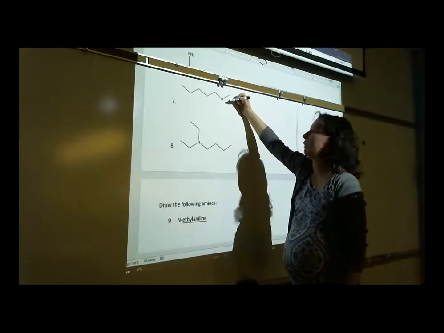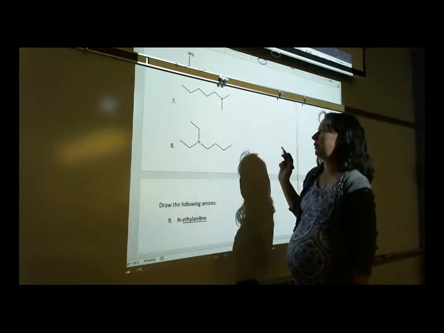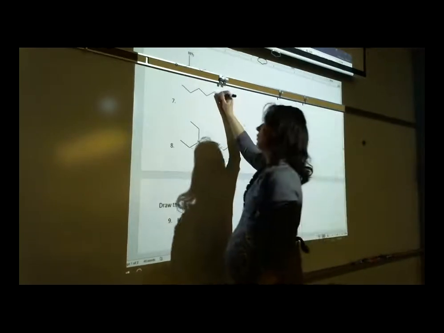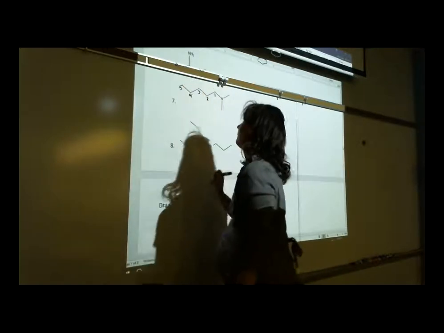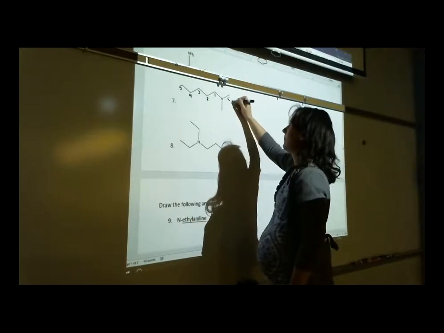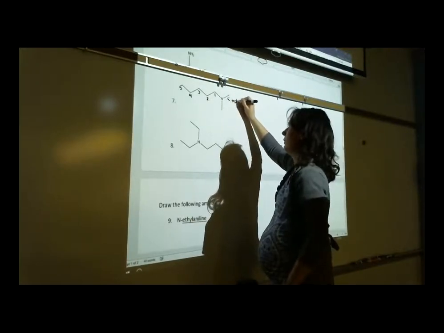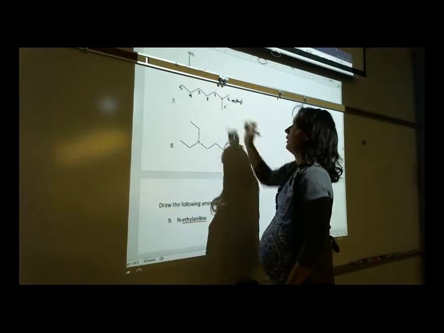N, bromo, or whatever. So what is the longest chain? 1, 2, 3, 4, 5, right? And so this is a what? Methyl. And so is that one, right?